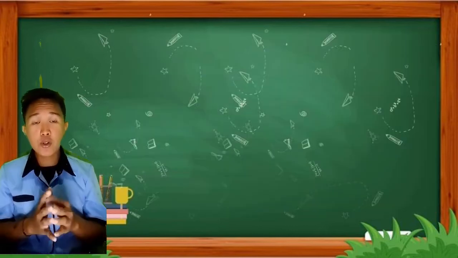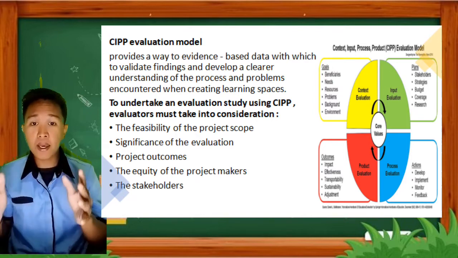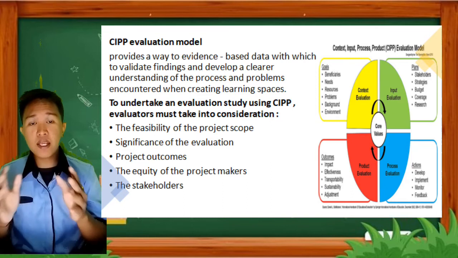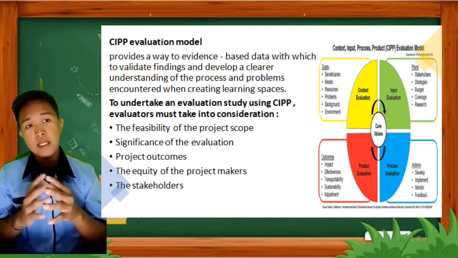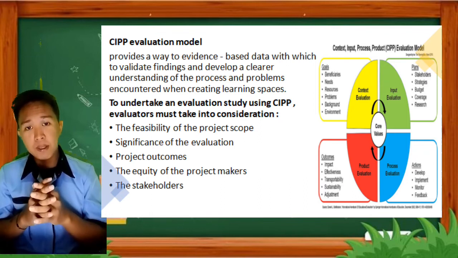So, in conclusion, the CIPP model provides a way to gather evidence-based data with which to validate findings and develop a clearer understanding of the process and the problems encountered with creating learning spaces.